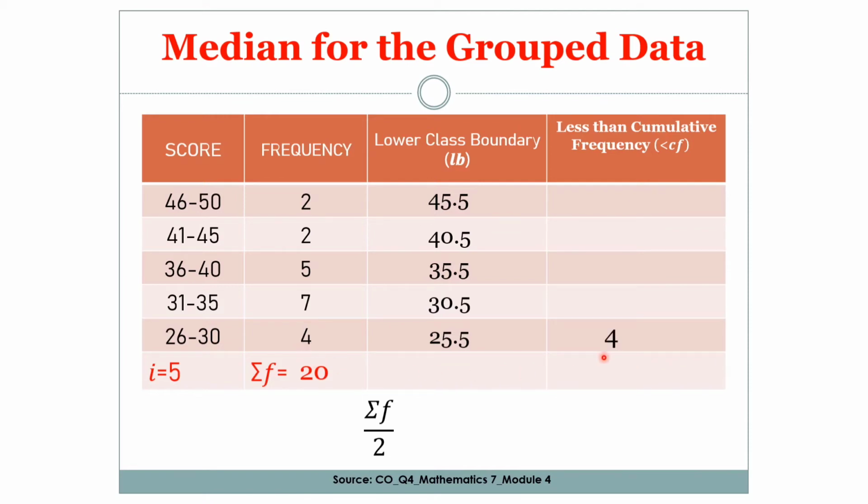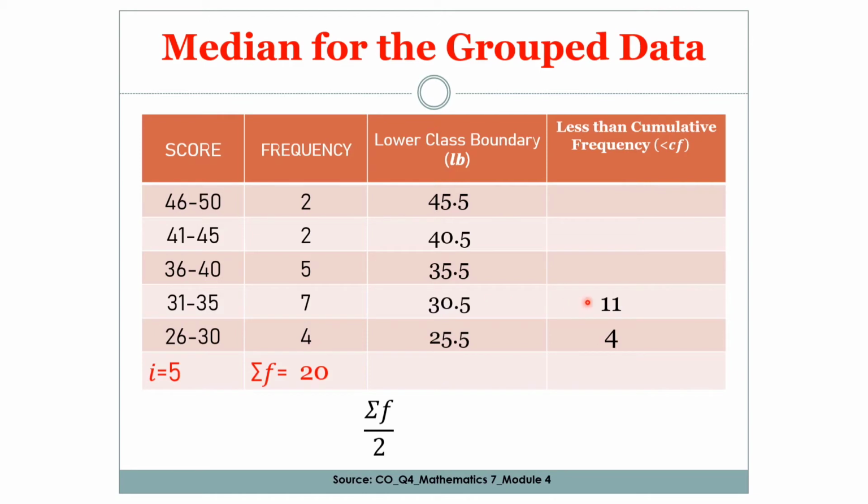This is now the less than cumulative frequency of the class 26 to 30. To obtain the next value going upward, we add the frequency of the next class, which is 7, to 4. So 4 plus 7 is 11. This is now the less than cumulative frequency of the class 31 to 35. Do you get the pattern?